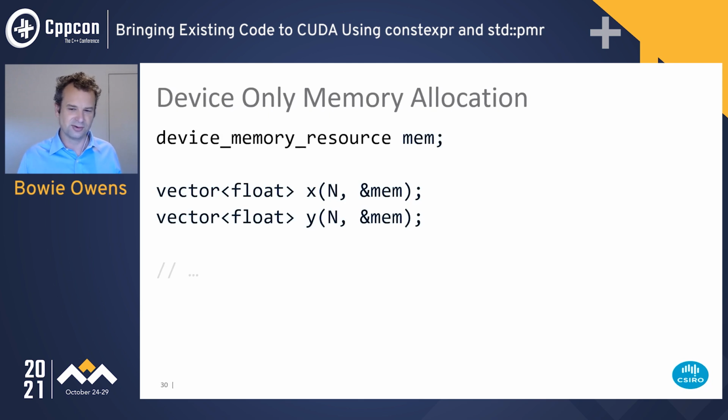We're using our own allocator instead. And what's going to happen is that we're therefore not going to initialize any of the elements. Okay. And as a result, the constructor calls for the vectors are not going to touch any of the memory elements.